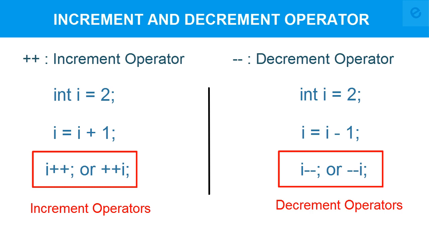The same statement can be rewritten as I-- or --I. We will be discussing the signs located before and after the variable after this. So this is what the simple increment and decrement operators do.